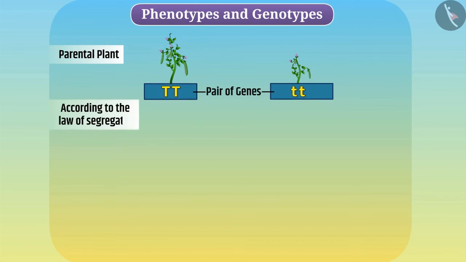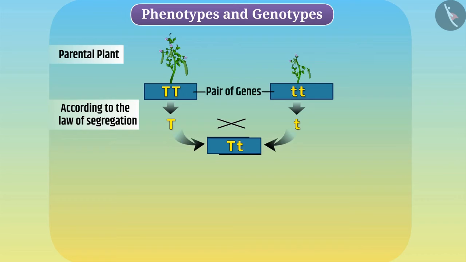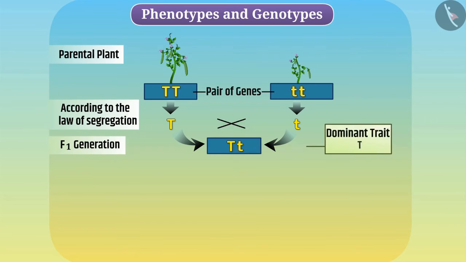According to the law of segregation, the factors in the pairs get separated during gamete formation. If we cross the two gametes, we will get an unequal pair of factors in the F1 generation. Therefore, the dominant trait gets expressed.